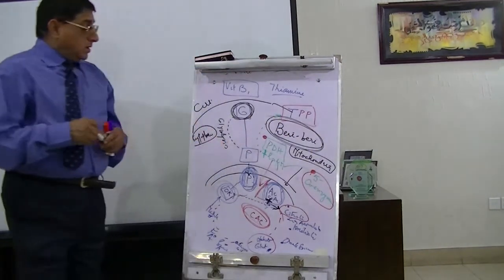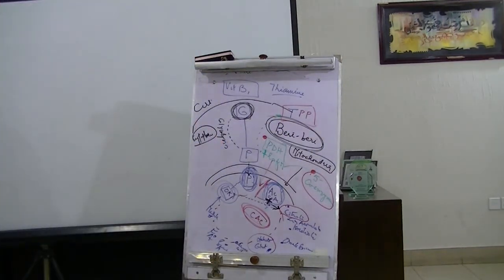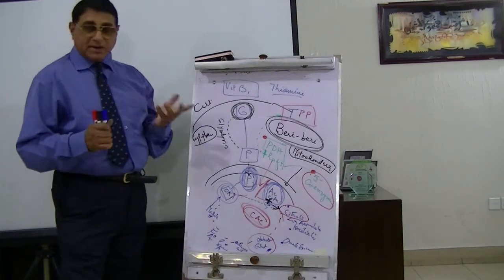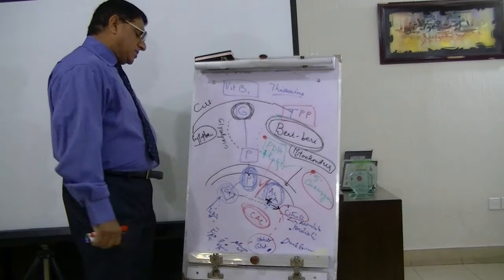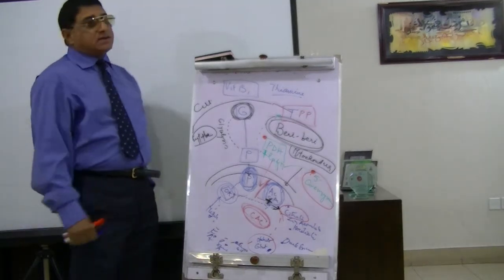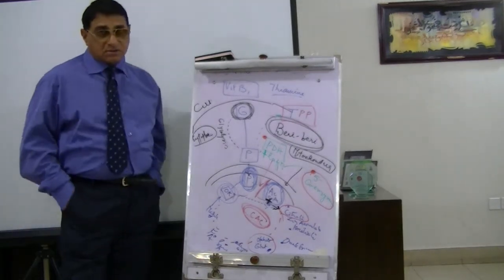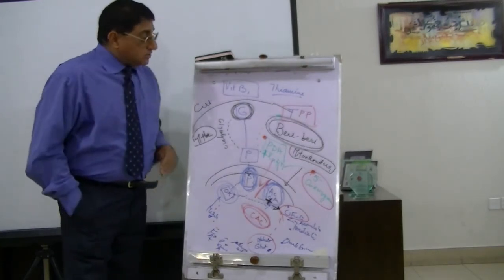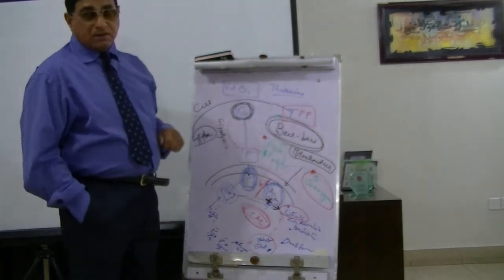Now, those people who are eating refined foods, burgers, or take boiled rice as a staple diet, as people in Southeast Asia, Bangladesh, etc., are liable to suffer from deficiency of B1. Why?